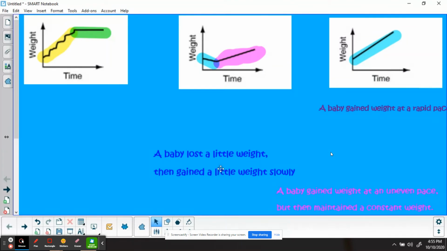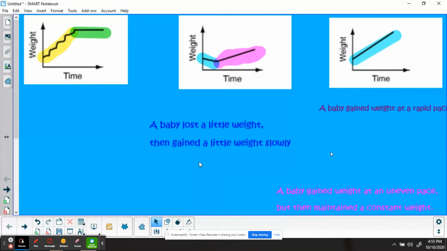All right, I'm just going to grab this one next, and it says a baby lost a little weight and then gained a little weight, but slowly. This actually has two parts, a beginning part and an ending part. It has two events, so that means it could be either of these.